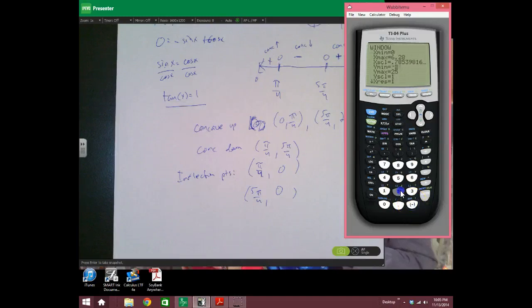Minimum, negative 2, because this is a trig function. Actually, let's do negative 5 to 5. So see, pi over 4, it switches. 5 pi over 4, it switches. So those are the two places where the concavity changes.